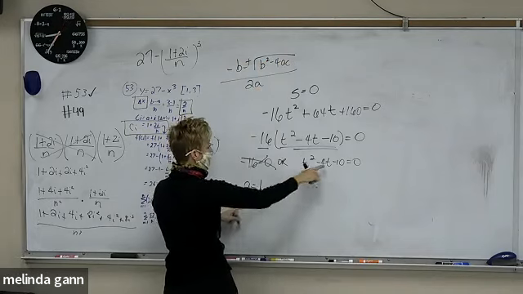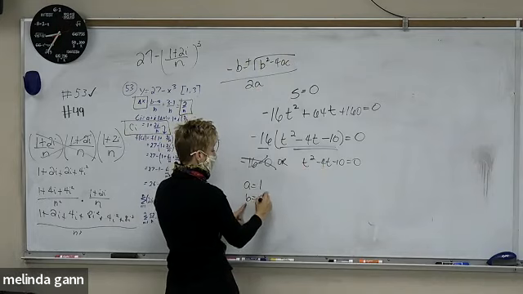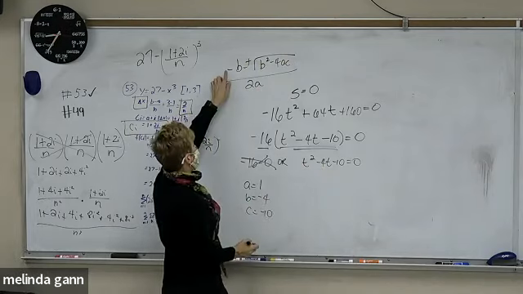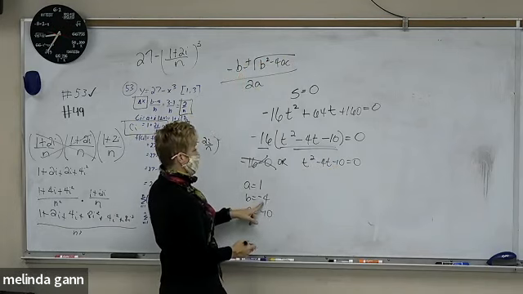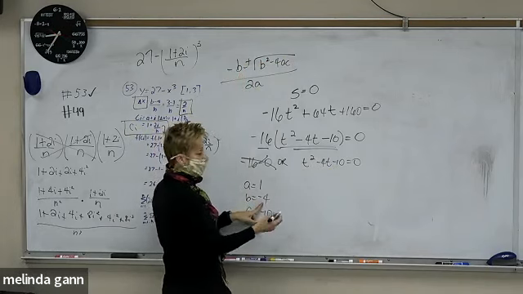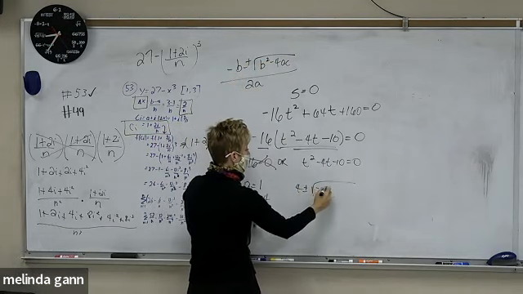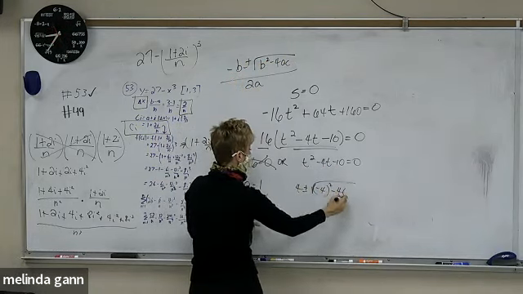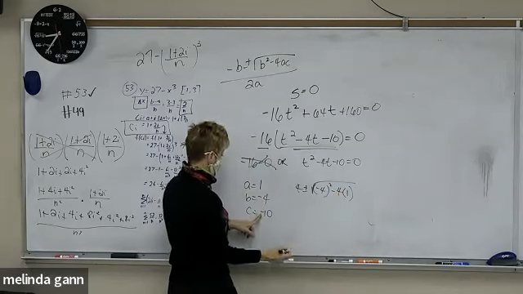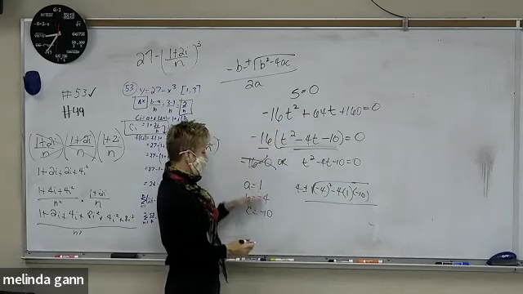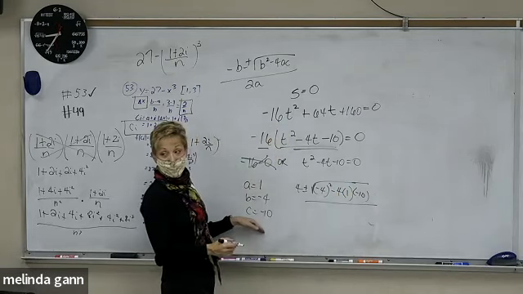All right, what's my a in this one? 1. My b is not 4, it is -4, and my c is -10. So I need the opposite of b. Well, my b is a -4, so what's the opposite of that? 4. So I've got to square the -4 minus 4, my a is a 1, and my c is a -10. See, it takes me 3 seconds to write this down, and I could be less careless when I do that.